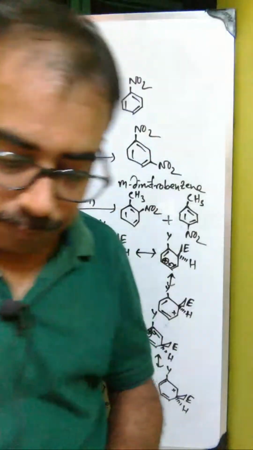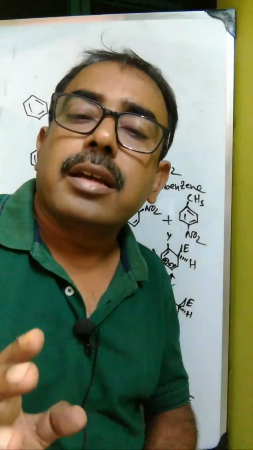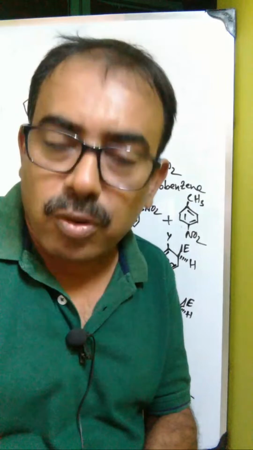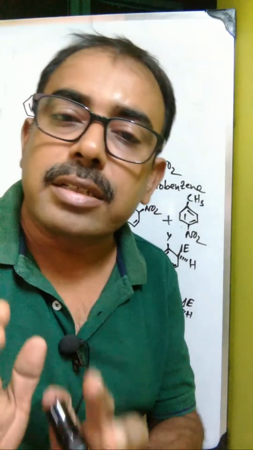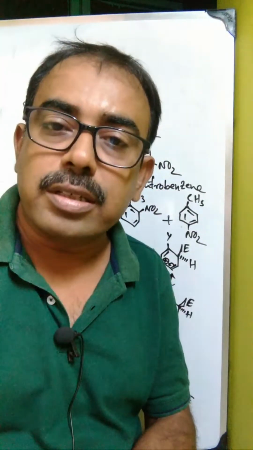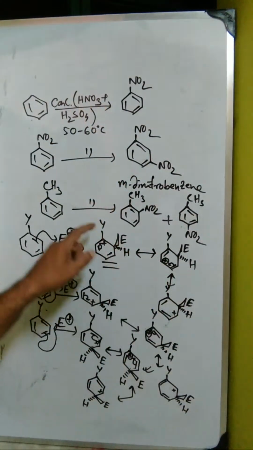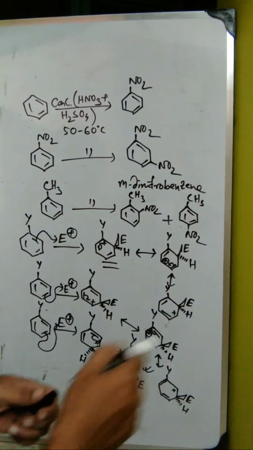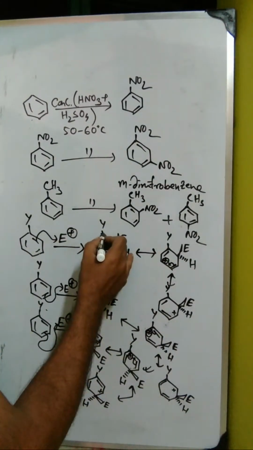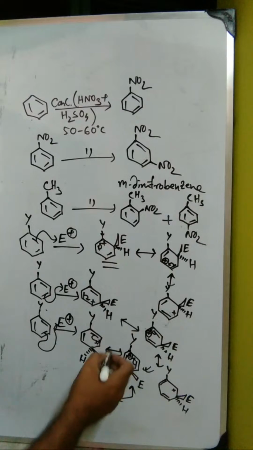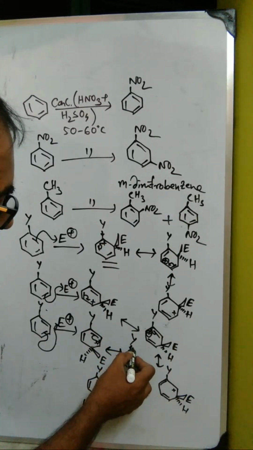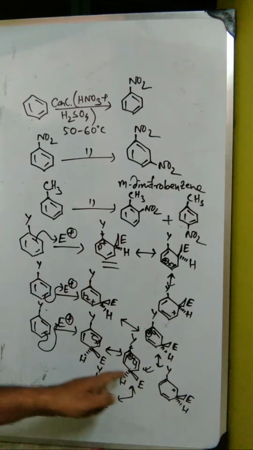Now think, if Y, the substituent already present, has a plus I inductive effect, that is electron donating effect or electron repelling effect, then that substituent will stabilize these two resonating structures by pushing the bond pair electrons towards the carbon which is having a positive charge.